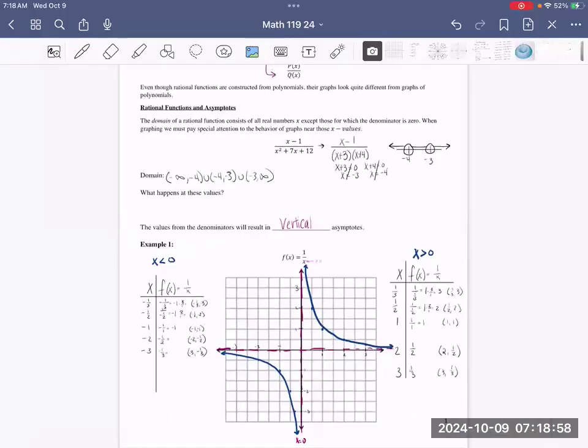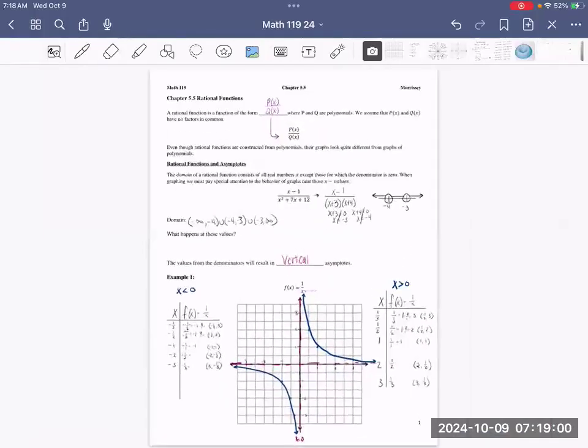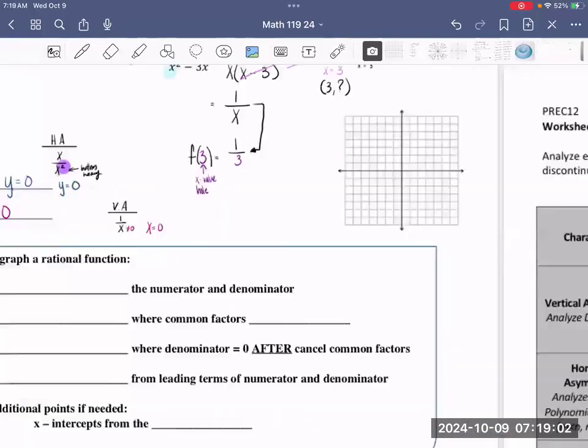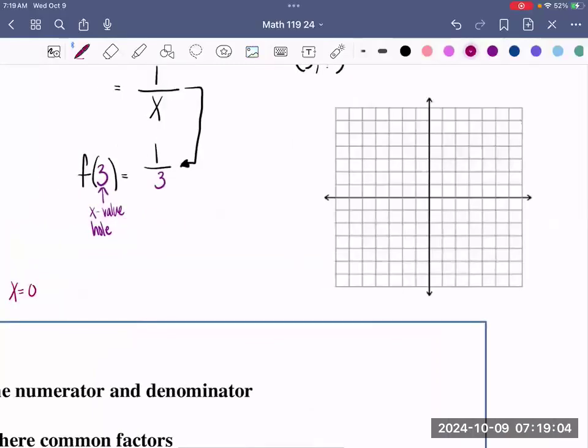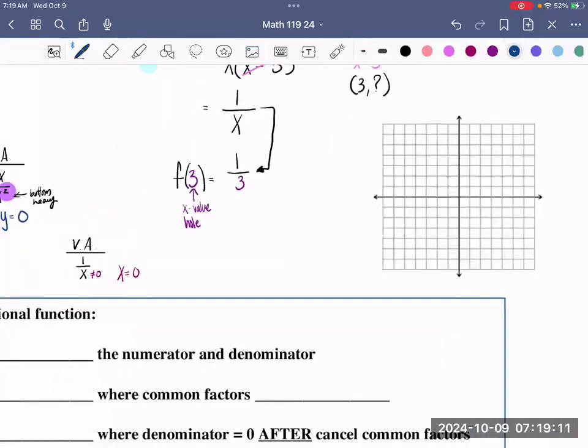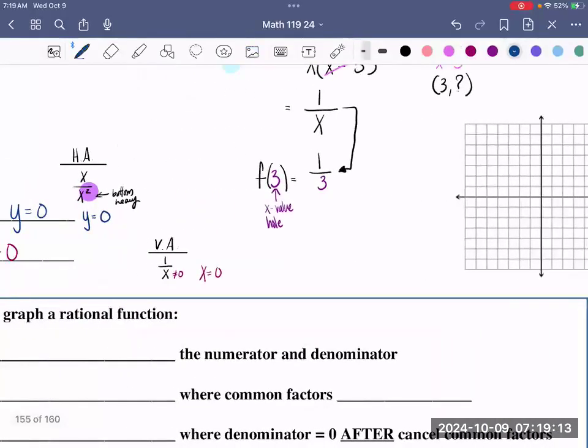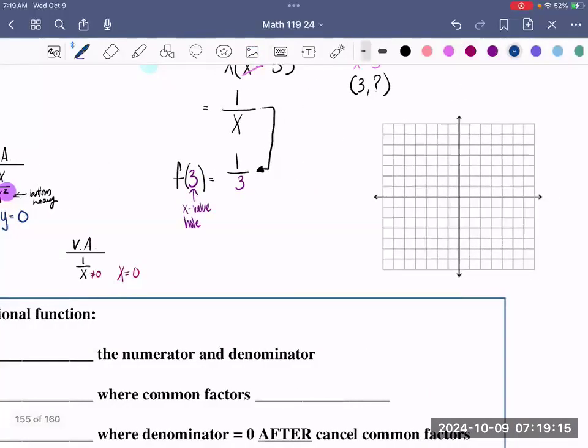This is what it should look like. We have 1 over x. So we're going to start there with the idea that that is the visual aid. But we have some asymptotes that we want to be aware of. We have a horizontal asymptote at y is equal to 0. We have a vertical asymptote at x is equal to 0.